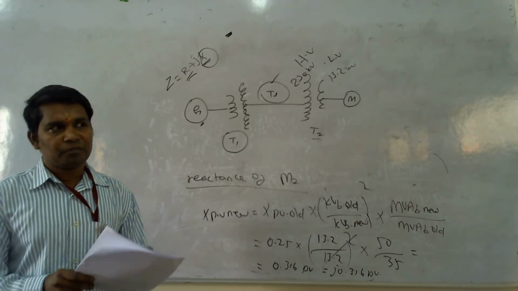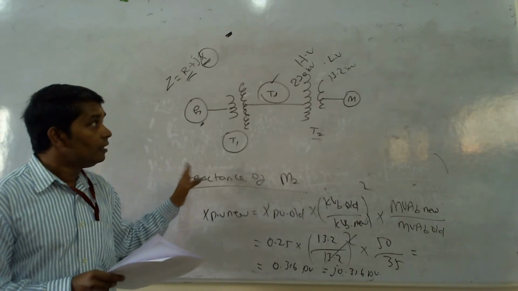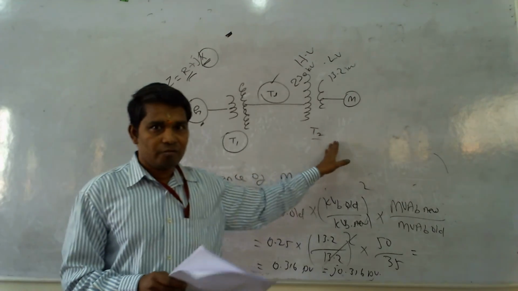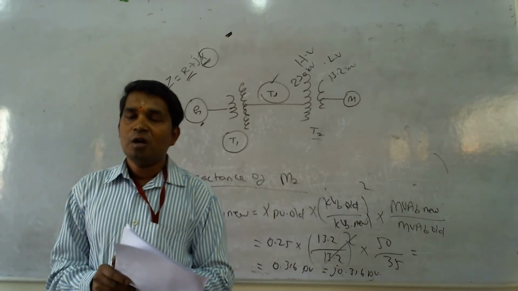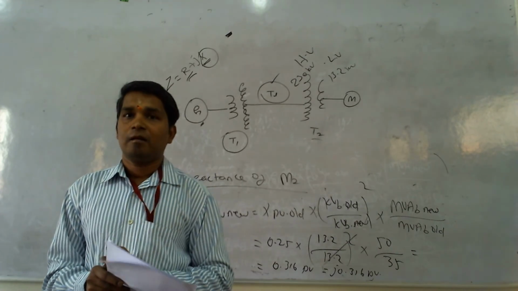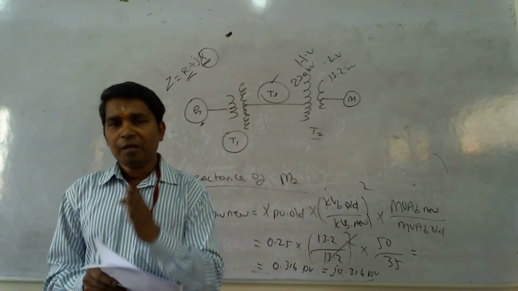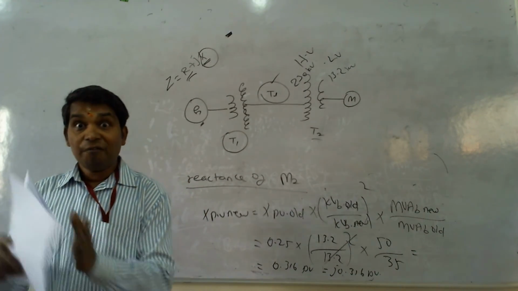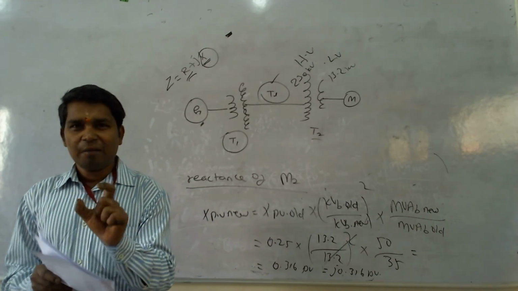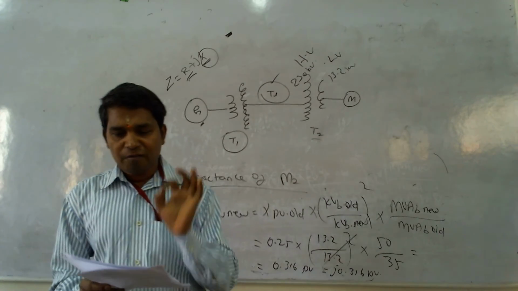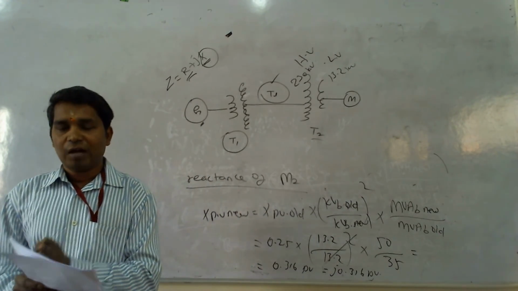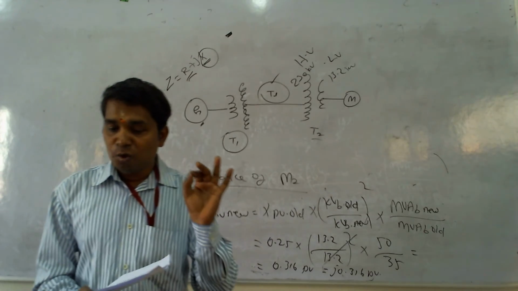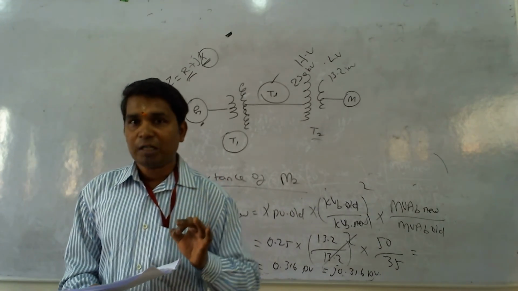Another thing we have to remember is that for the entire system, the megavolt ampere base value will be fixed. We will not calculate the megavolt ampere base every time. It is calculated only once, as per the information given in the numerical, or if there is no information given, we select the highest value in the system. For example, here they have given a base of 50 megavolt ampere.